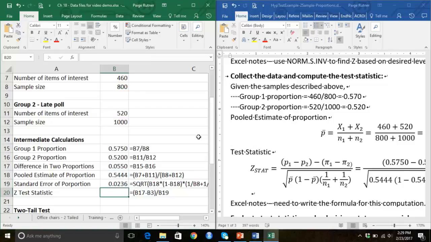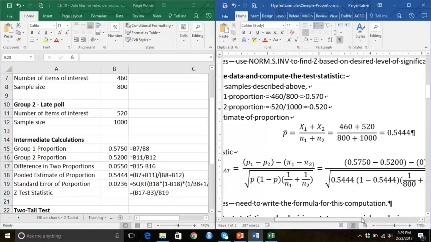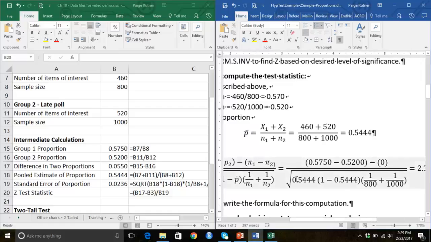So that gives me a standard error of 0.0236. Now that number doesn't show up here. I actually showed out the computations, plugged the p-bar and the sample sizes into the computations, but if I were to resolve just that value in the denominator, it should come out to 0.0236.